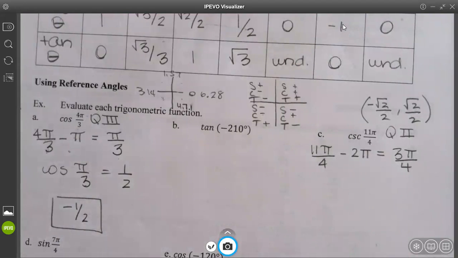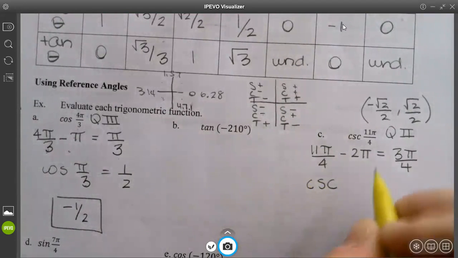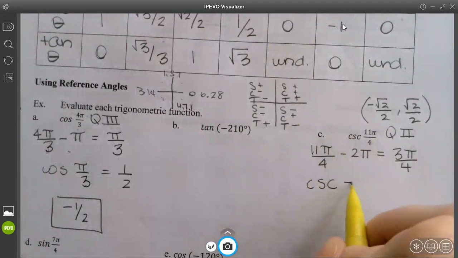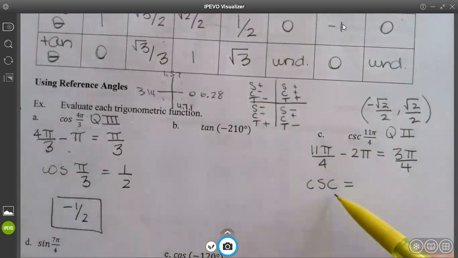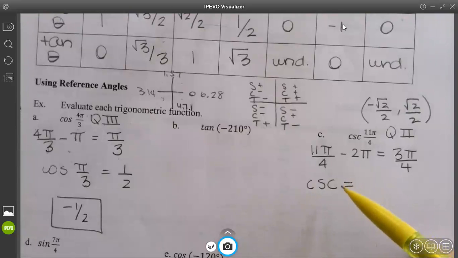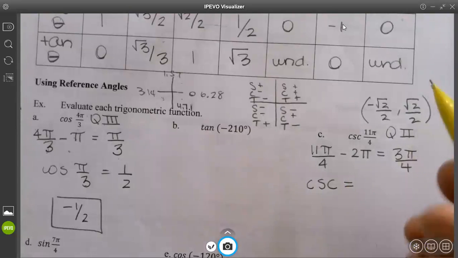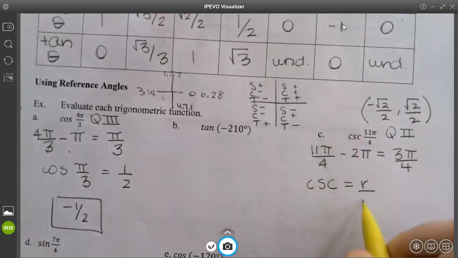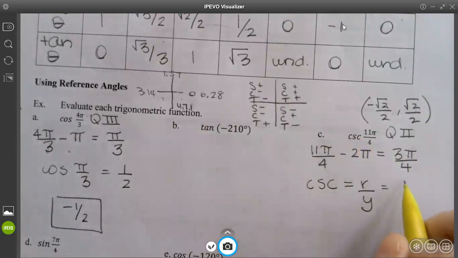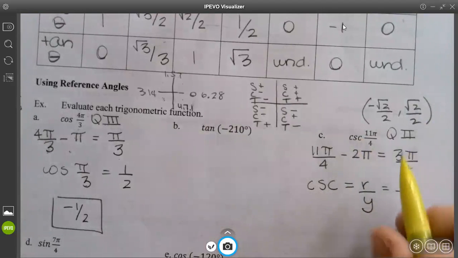What's your ratio for cosecant? What's cosecant match with? No, sine. What is sine? Y over R, so cosecant would be R over Y. What is our R on our unit circle? 1. What's our Y coordinate that we're working with? Square root of 2 over 2.